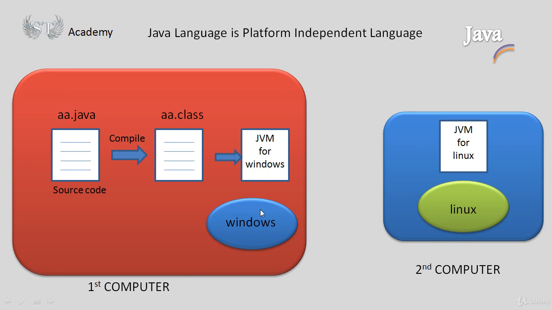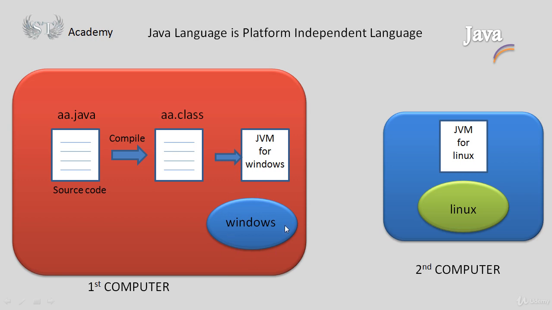So the compatibility takes place and the output is generated, or you can say it's displayed. We get the output. Now this JVM is also known as what? Interpreter. So it's going to convert the neutral code into native code and we are getting the results.